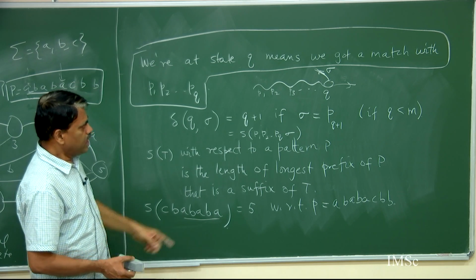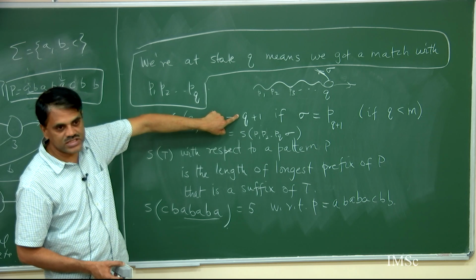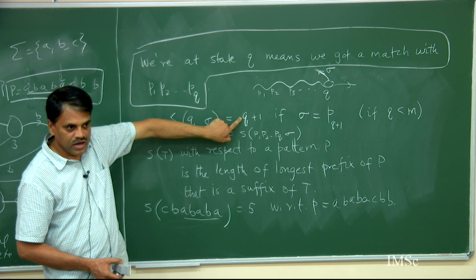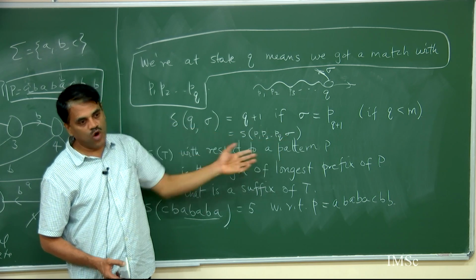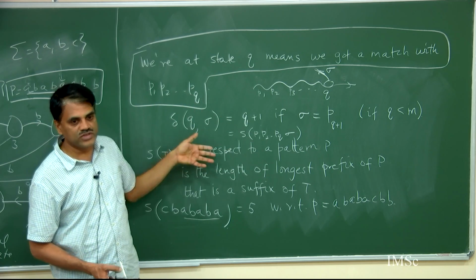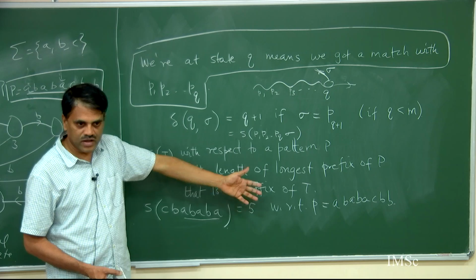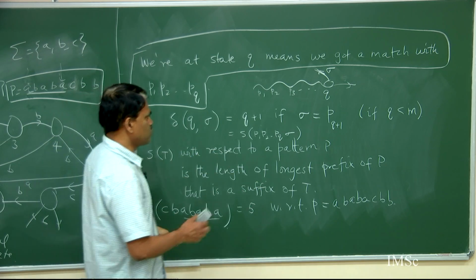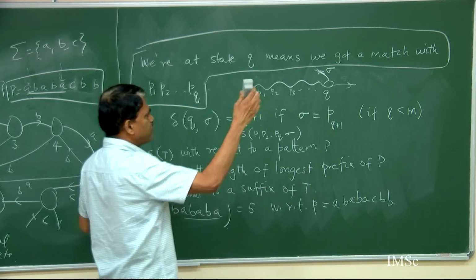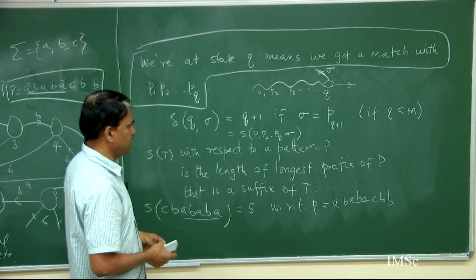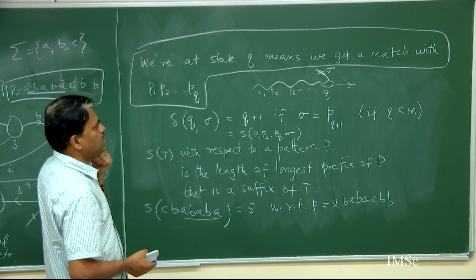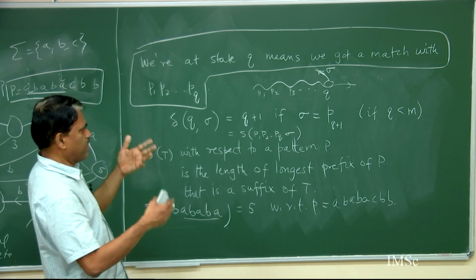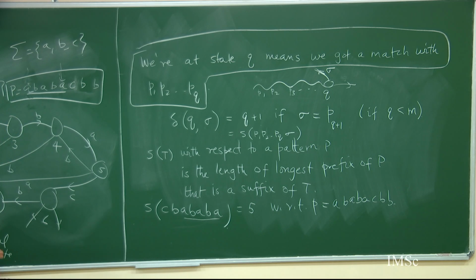Note that this handles the matching case also, because if sigma happens to be p_{q+1}, the longest prefix of the pattern which is also a suffix is q+1, so it goes there as well. Now you do not have to worry about q being less than m, because even if q is equal to m, it depends on your next character.